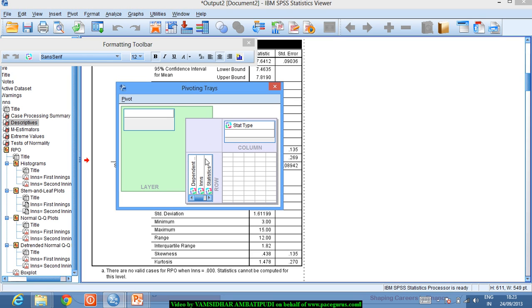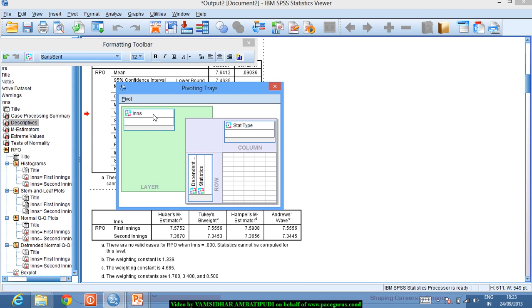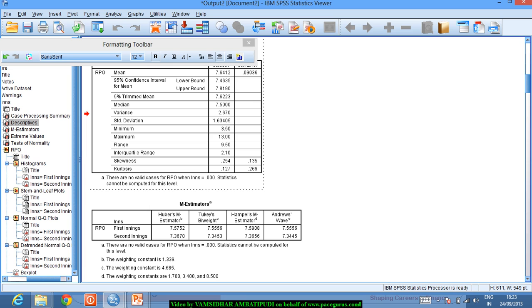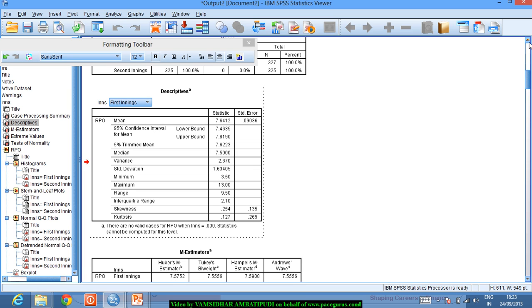In this pivoting tray, I'll drag the innings outside. Now you see the way the diagram becomes. We get a small drop down. Now this becomes easier to look at, right?